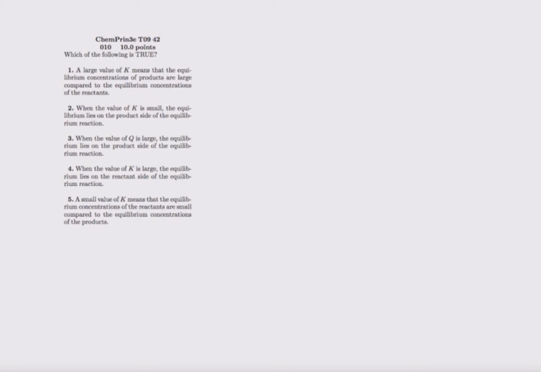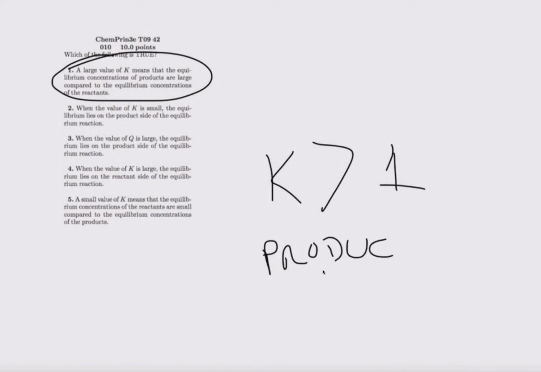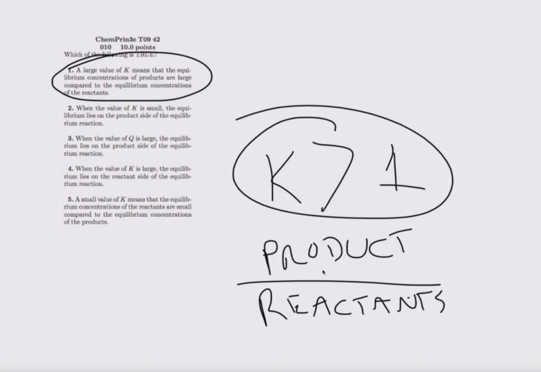If you think about the constant expression, you have to remember that the products are on the top, or in the numerator, of a ratio in which the reactants are on the bottom. So in order for this K value to be greater than 1, the stuff on the top has to be bigger than the stuff on the bottom, which means the concentrations are bigger, which means you've got more product than reactant at equilibrium. That's what it comes down to.